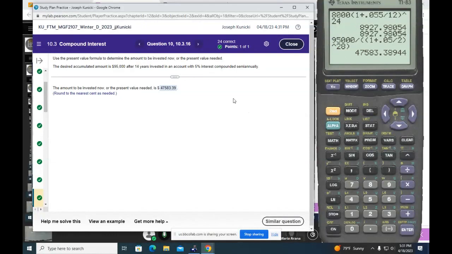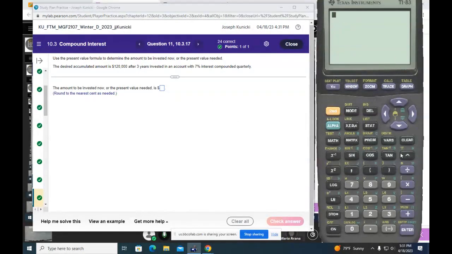All right, let's try another one of these, 17. You want to accumulate 120 grand after 3 years. So this one's going to be a little bit higher because you only have 3 years to get it. So we put A as 120,000 and divide by double parentheses 1 plus R over N. So it's 0.07, quarterly would be divided by 4, caret 12, right? 3 times 4, so the exponent is 12.